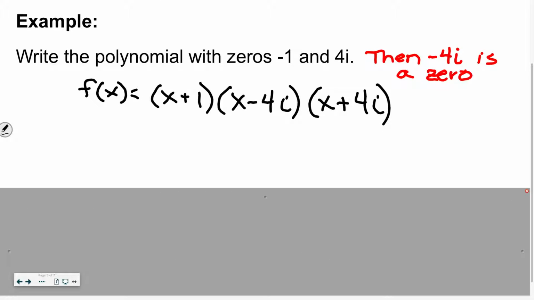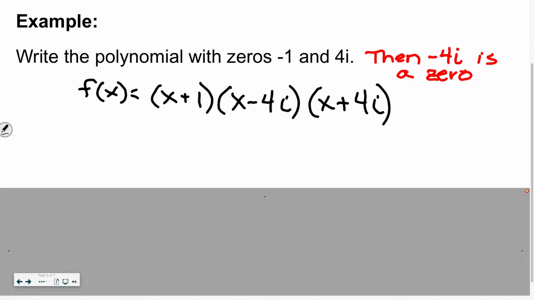Which 2 would you multiply together first? The ones with i's in them, right? Because what should happen when you multiply these imaginary factors together? No more i's. You should get some kind of trinomial, but it should have no more i's in it.